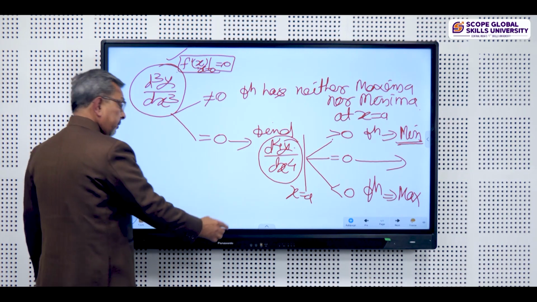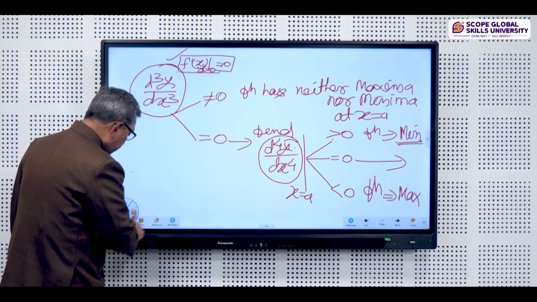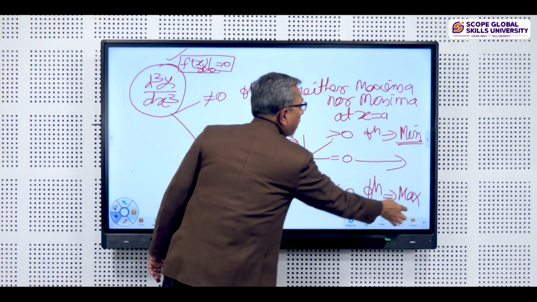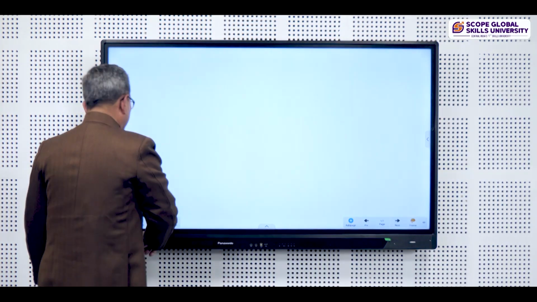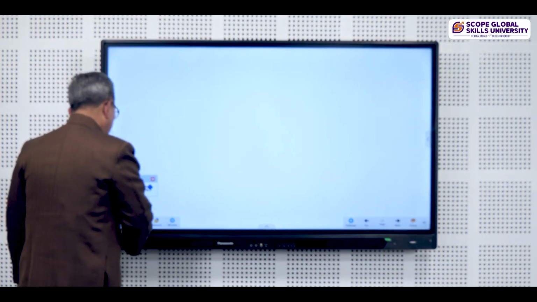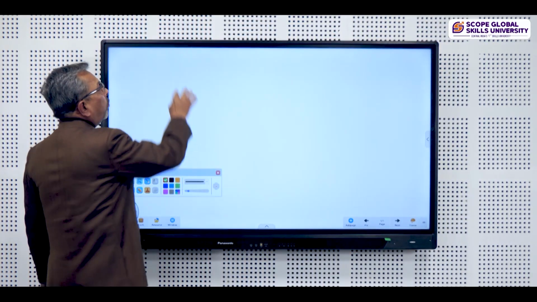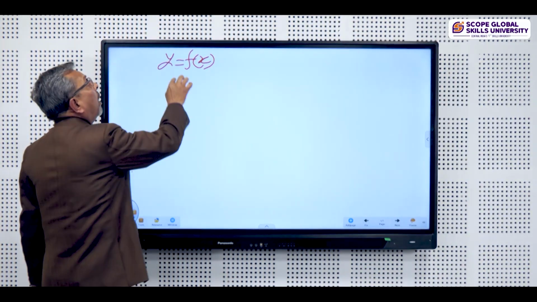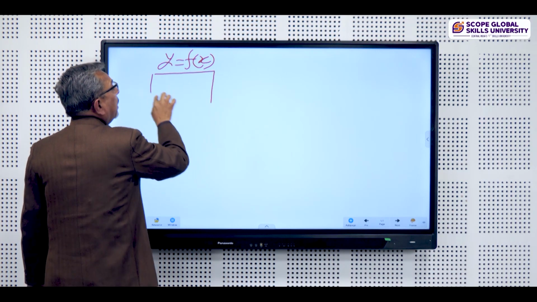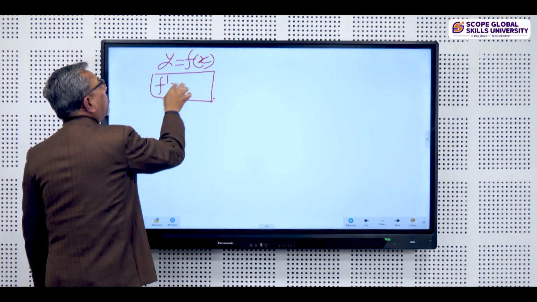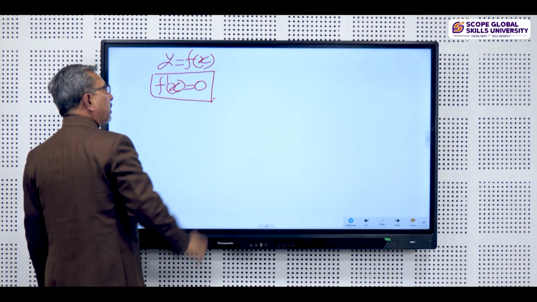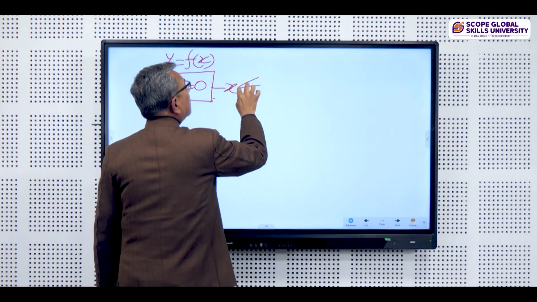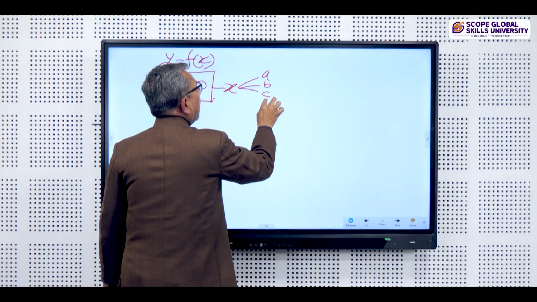So, in short, we conclude this discussion as: a function can attain a maxima or minima whenever we apply the condition that its first order derivative becomes 0. It gives different values of x, may be a, b, c and others.